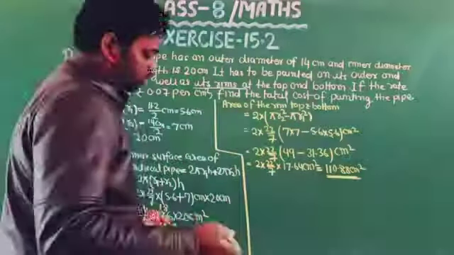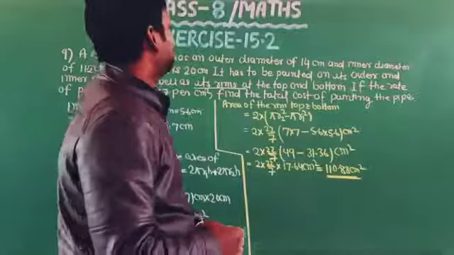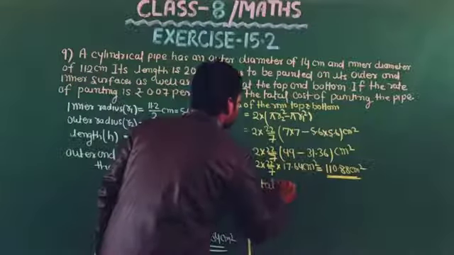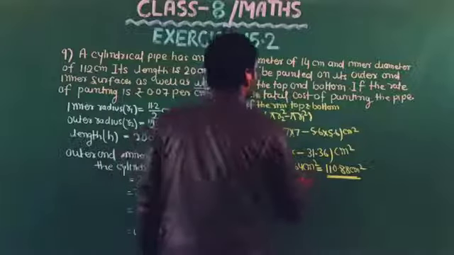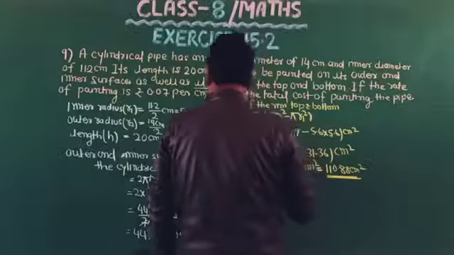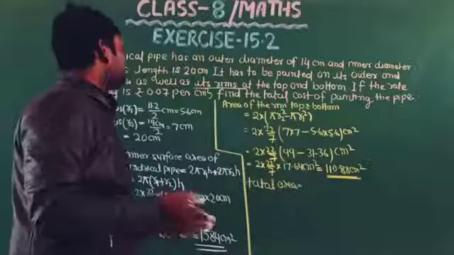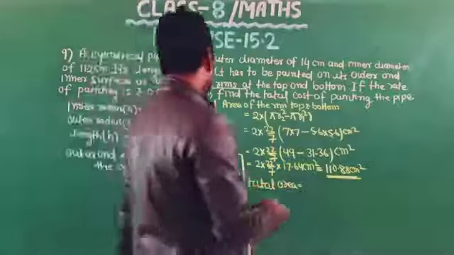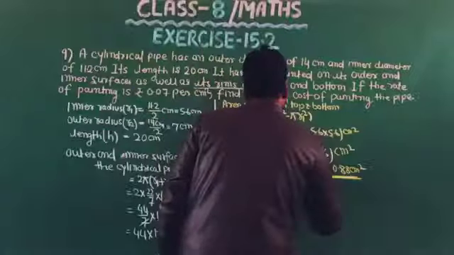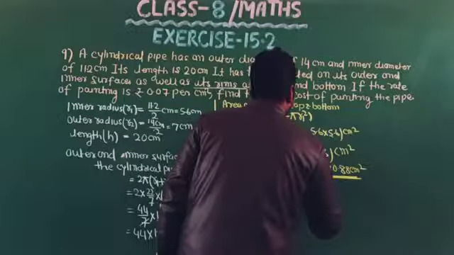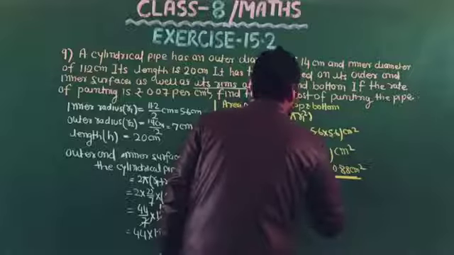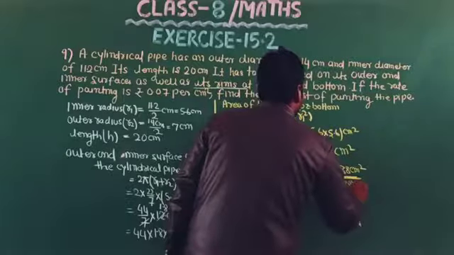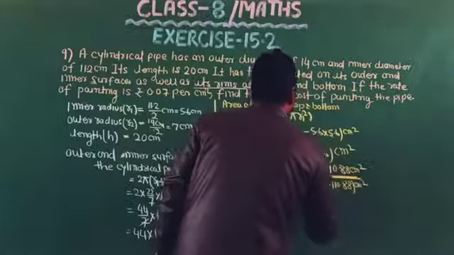Okay, so the total area to be painted is equal to the inner and outer surface area plus the area of both rings, that is top and bottom. So this is 1584 plus 110.88 centimeter square.